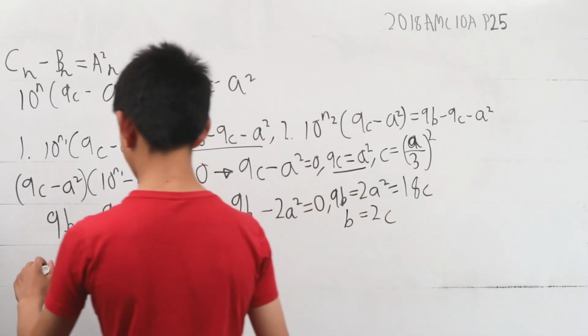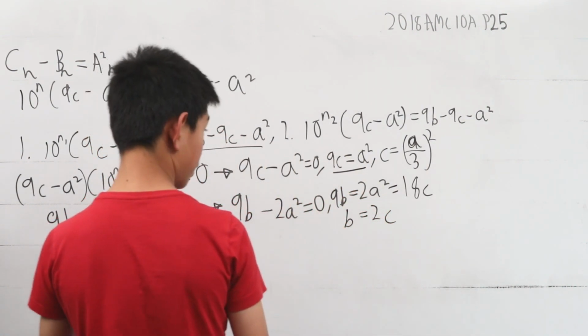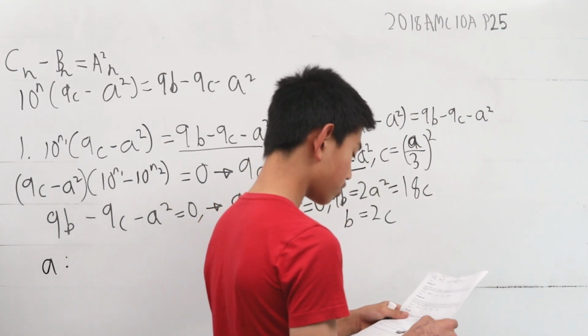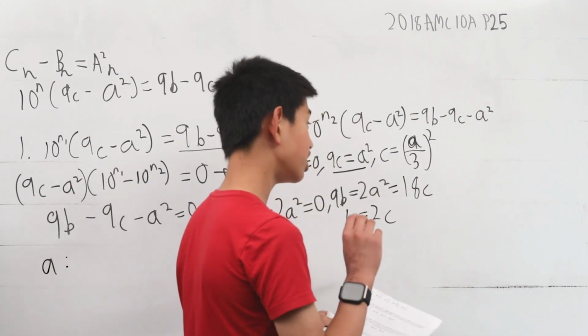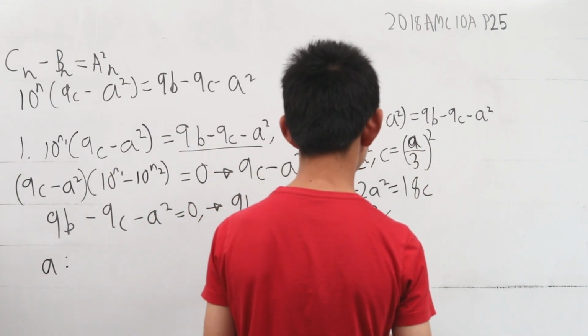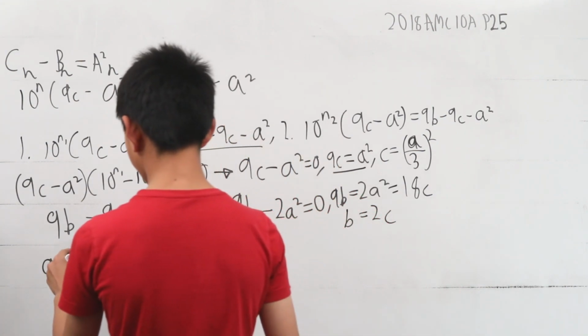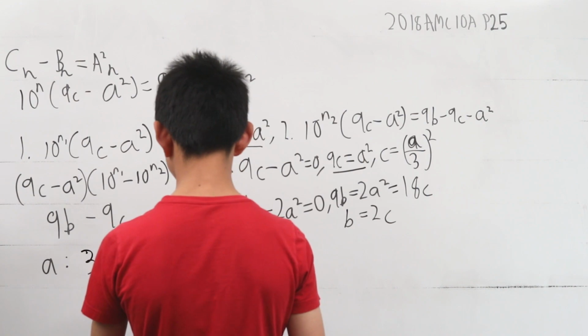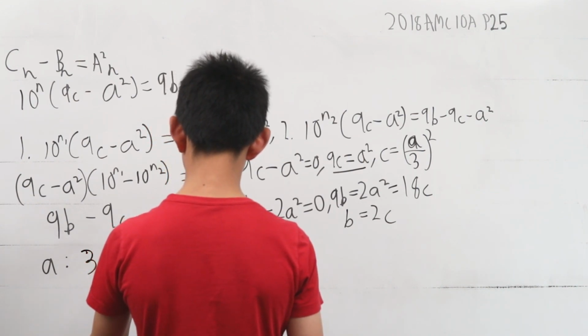So we can write a list of values of a. Looking over at a, we reread the problem. It says that it's non-zero digits. So since it's a digit, a has to be divisible by 3. That yields 3, 6, and 9. According to that, we get b.